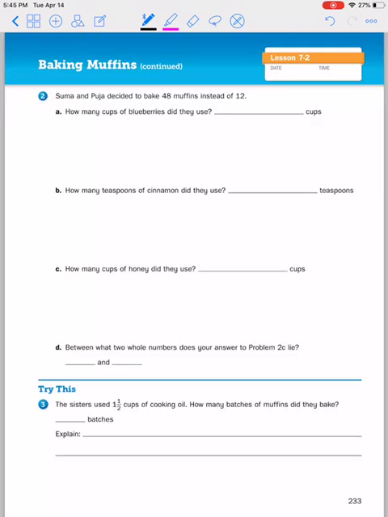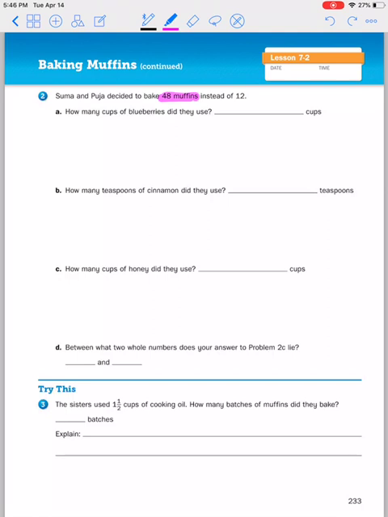Pooja and Suma decide to bake 48 muffins instead of 12. So now here we have to do a little math. 48 muffins. And I know the original recipe is 12. 48 is a multiple of 12. So what times 12 would give us 48?